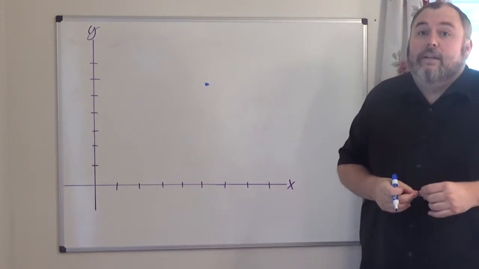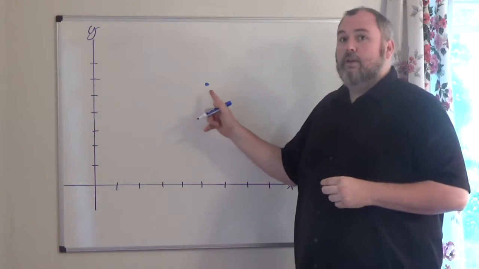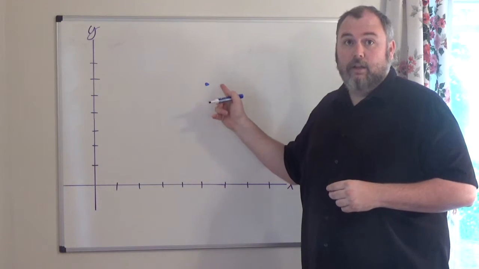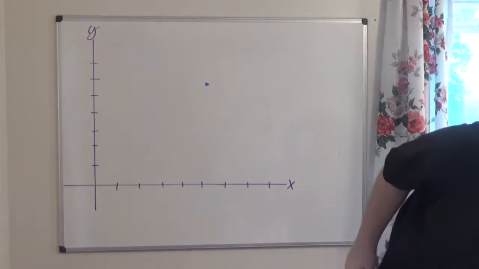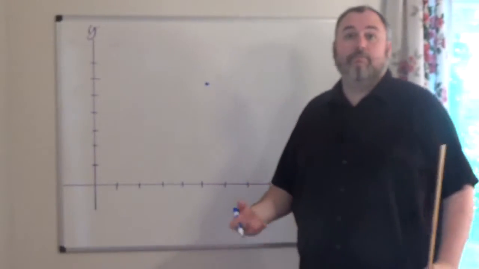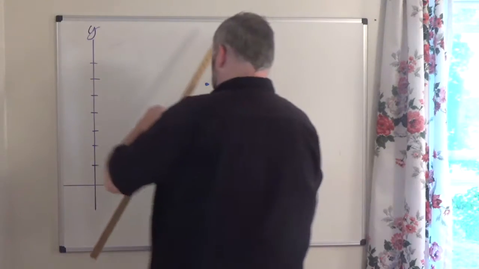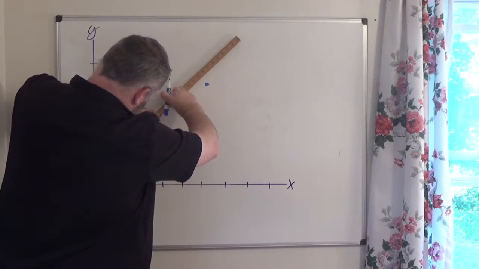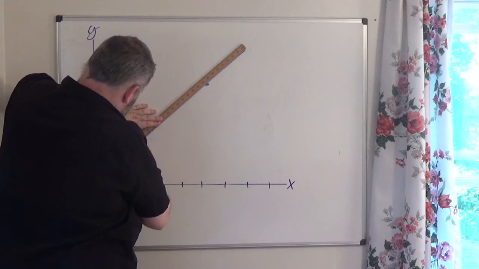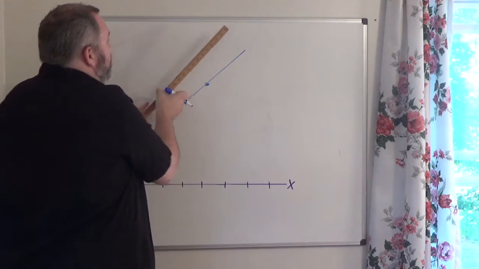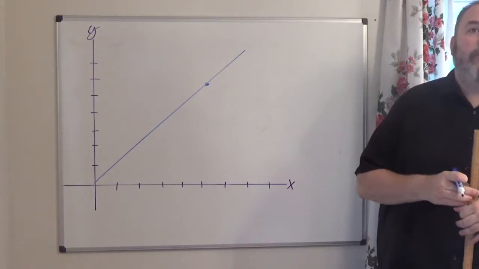My job now is to create a line that goes through this point all the way to our origin point, which happens to be, as you should know from grade school, (0,0). So that's what I'm going to do. Alright, there we go. Not very good, but good enough for our purposes.